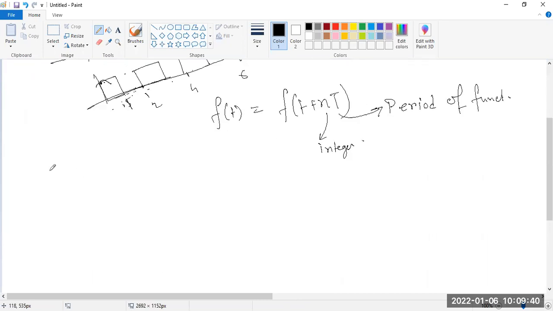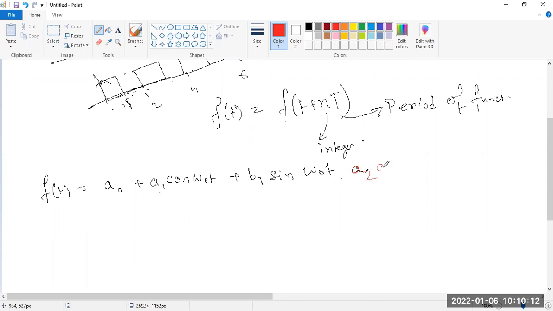You can express the function of t as a0 plus a1 cos omega 0 t plus b1 sin omega 0 t. As this is periodic, an infinite sum, you have to go on infinitely.